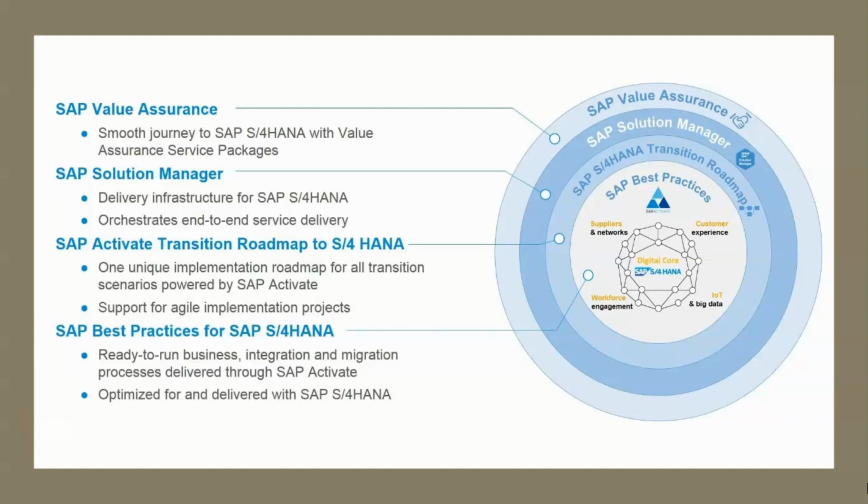Then we have Solution Manager, which enables us to deliver the infrastructure of SAP S/4HANA and orchestrates the end-to-end service delivery. The Activate transition roadmap to SAP S/4HANA is what we are discussing right now in detail, and it is one unique implementation roadmap for all transition scenarios powered by SAP Activate.